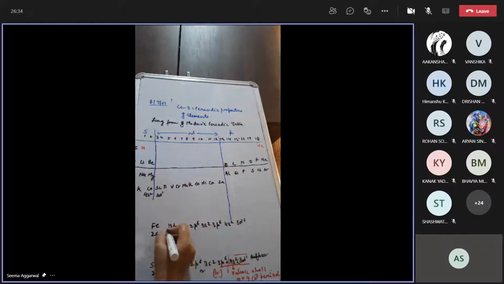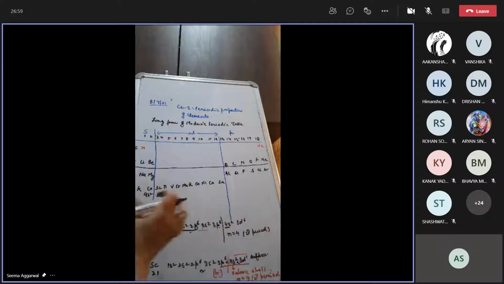So see here, now put 2, 8, 8, or leave it as n is equal to 3. From here n is equal to 4 starts, because electrons are filled in 4s first and then they go into 3d. So here the highest value of n is equal to 4, so it belongs to the 4th period.